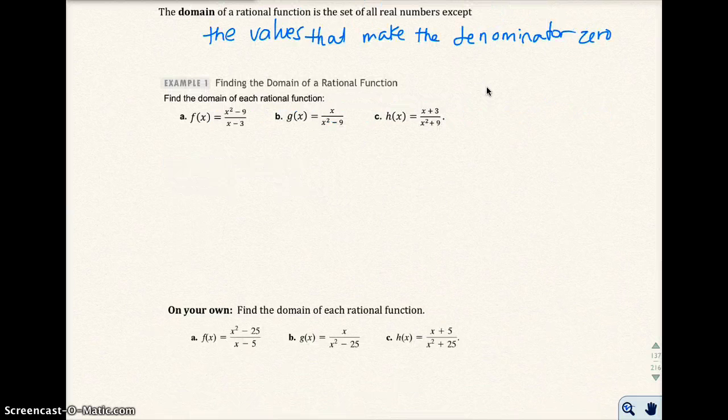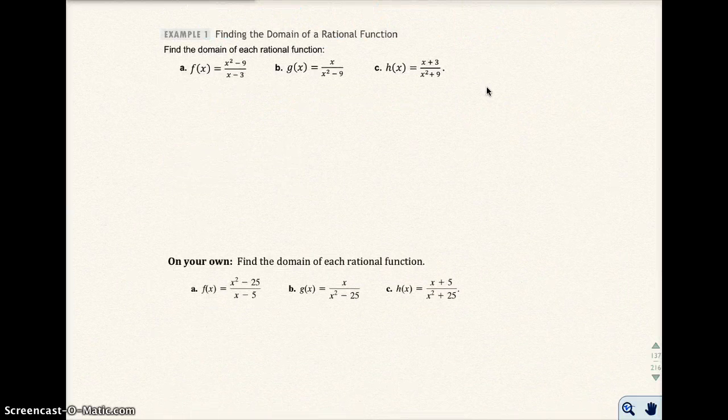For example 1, let's look at these rational functions. These are all rational functions that have a polynomial over a polynomial. And we want to find the domain of each rational function. So we're going to look at part A. The domain is what x can be, and on the flip side, what x can't be. So here in A, we know x cannot be equal to 3.